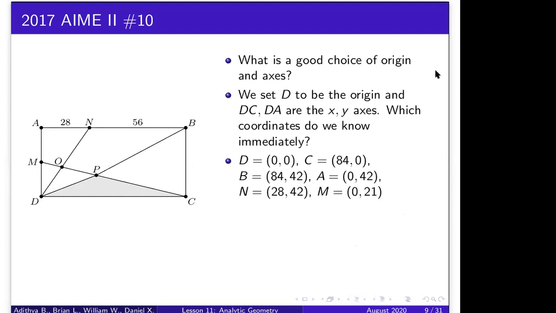So using these, we can now compute our two lines, lines DN and CM. So can anybody tell me their equations in the chat? Yep, so DN is equal to y equals 3/2 x, and this is just because it passes through the origin, so there's no constant term.